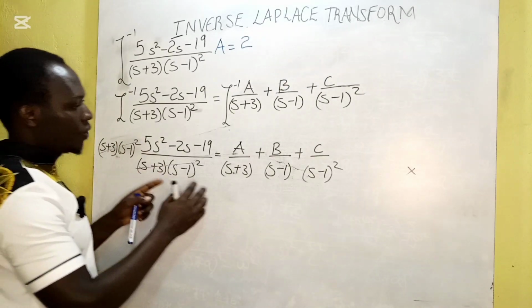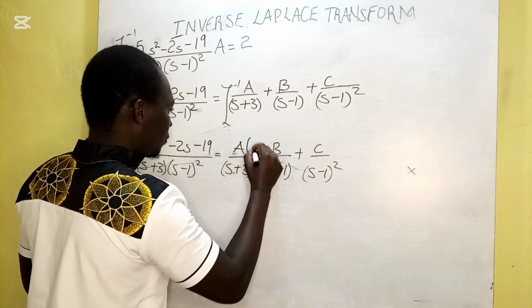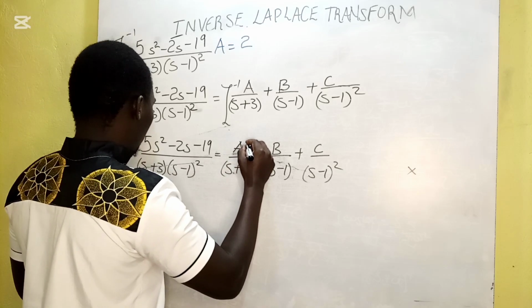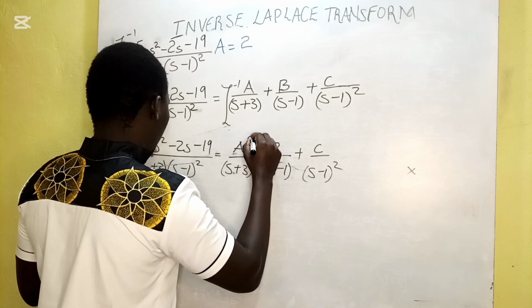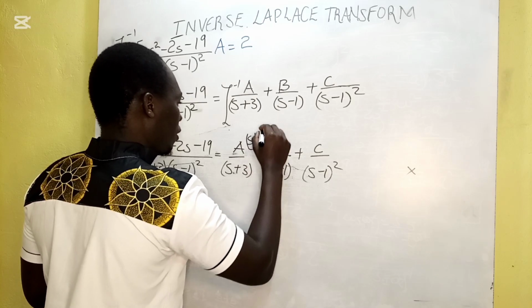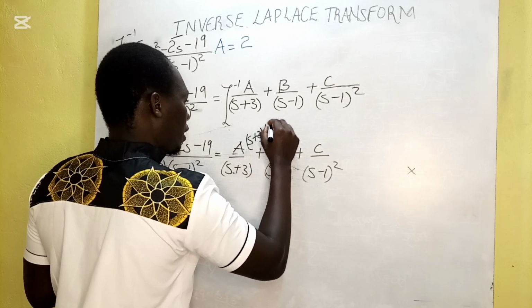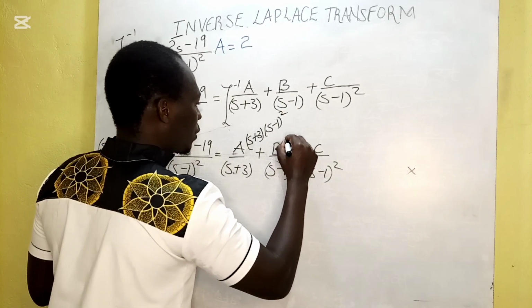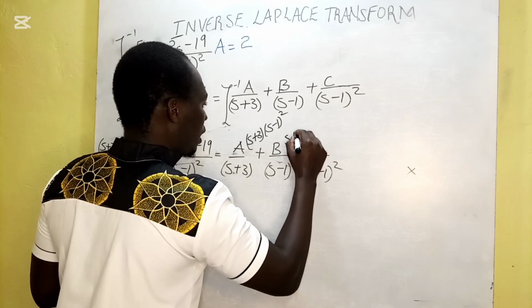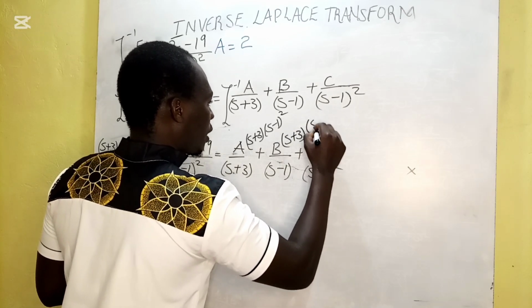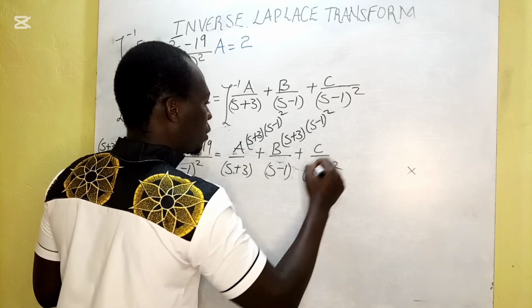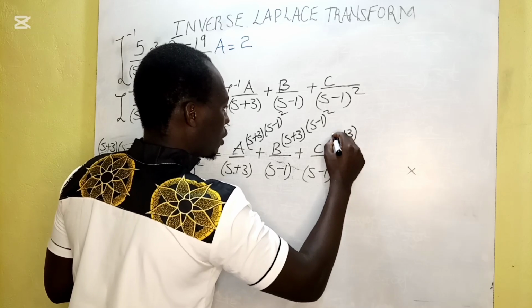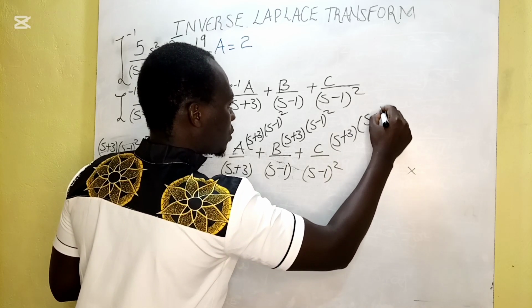Then for the next term, we multiply by (s + 3)(s − 1)². For this function, we multiply by (s + 3)(s − 1)², and for this function we multiply by (s + 3)(s − 1).